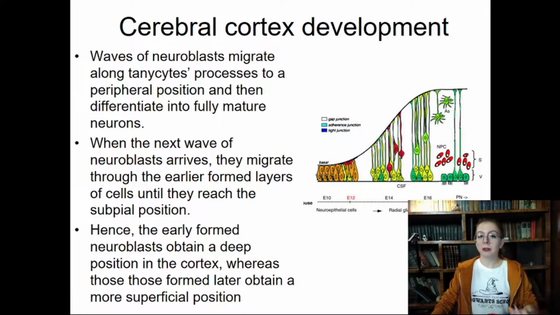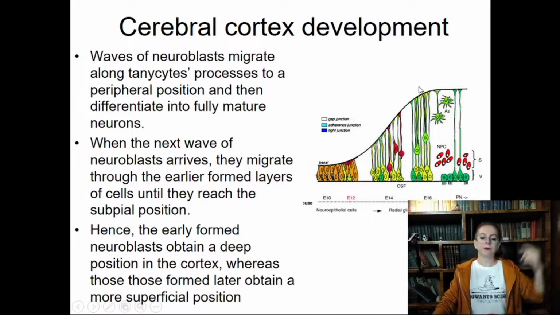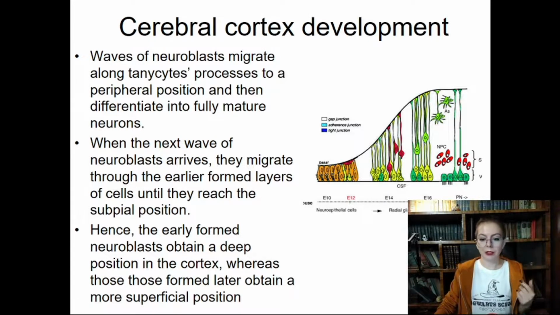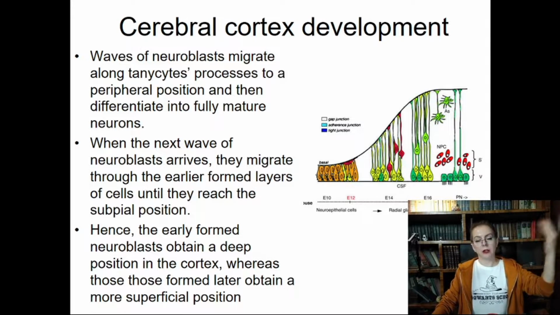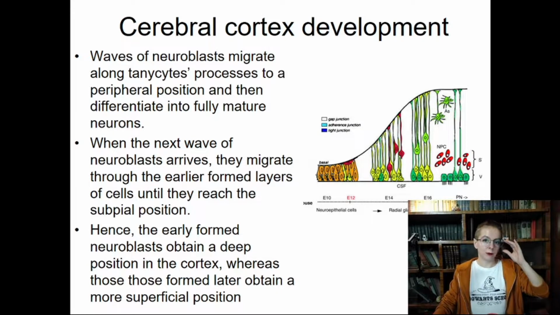And those ependymal cells have a very crucial role in the embryonic development of our central nervous system, because at their base, they have a very long process which extends to the outermost layers, and along those processes, other cells migrate and form layers of our brain cortex, for example.